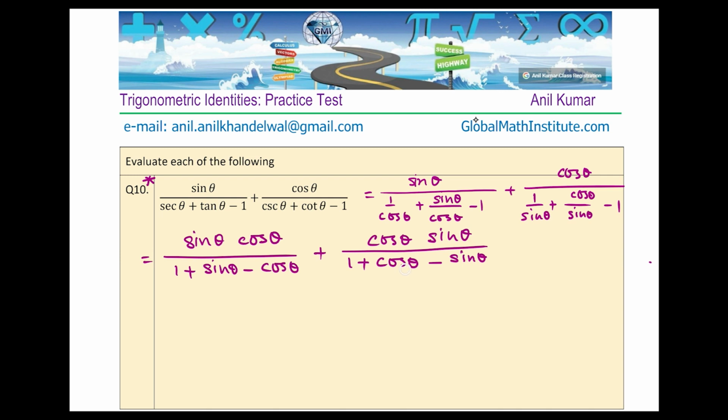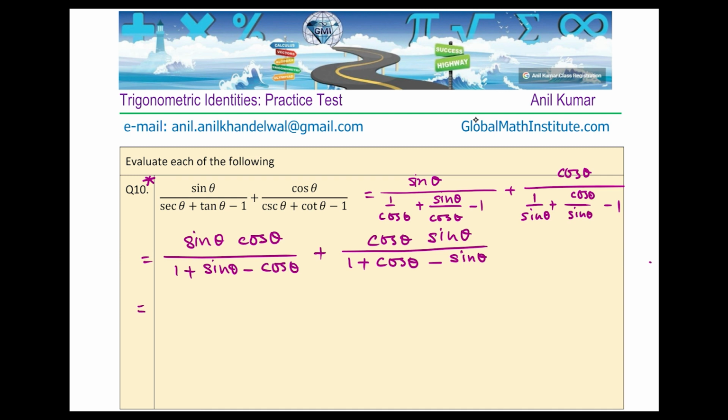Now here you notice that we have kind of a difference of squares, right? So we could write this as 1 plus sine theta minus cos theta and 1 minus sine theta minus cos theta. Let me rewrite this to show you.